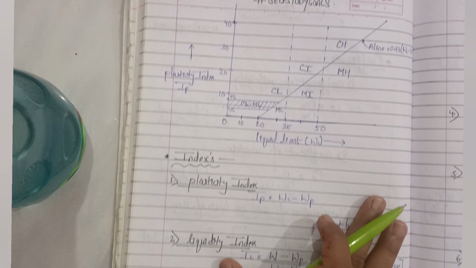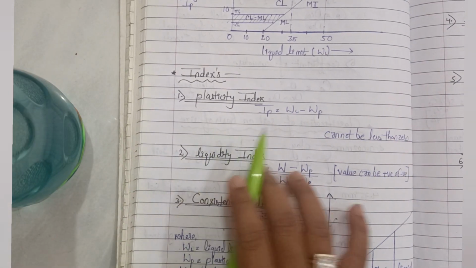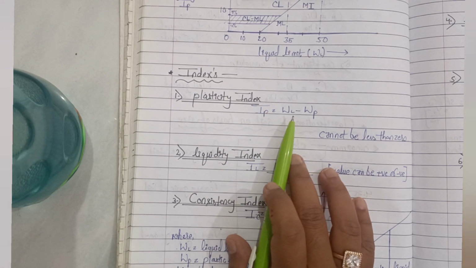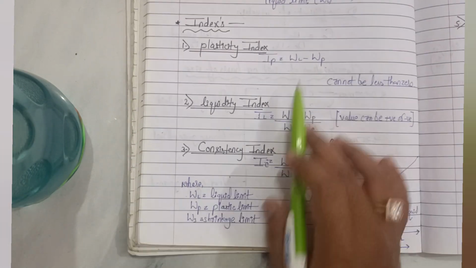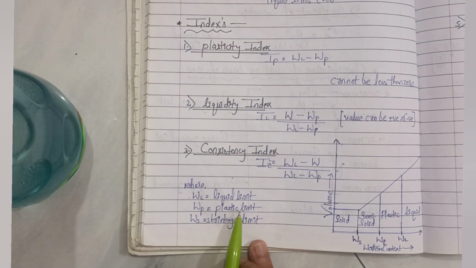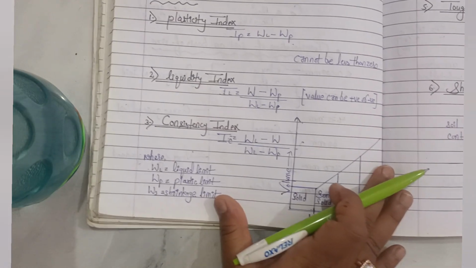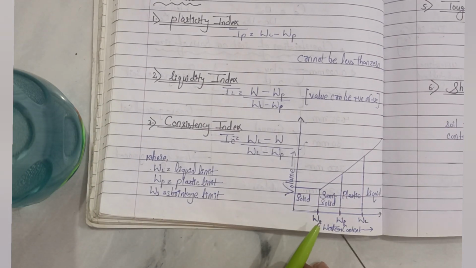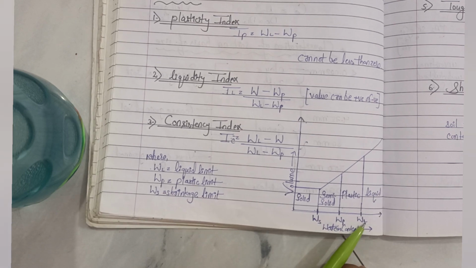Okay, next are your indexes. So first is your plasticity index. Plasticity index is equal to liquid limit minus plastic limit. WL is your liquid limit, WP is your plastic limit, and WS is your shrinkage limit. From this chart you can easily understand that this is your shrinkage limit, this is your plastic limit, this is your liquid limit.